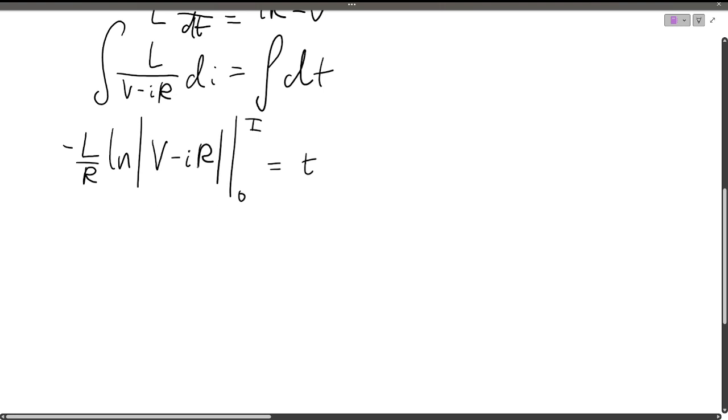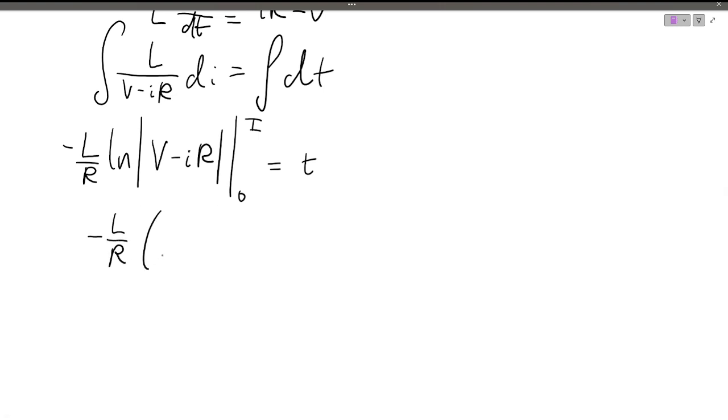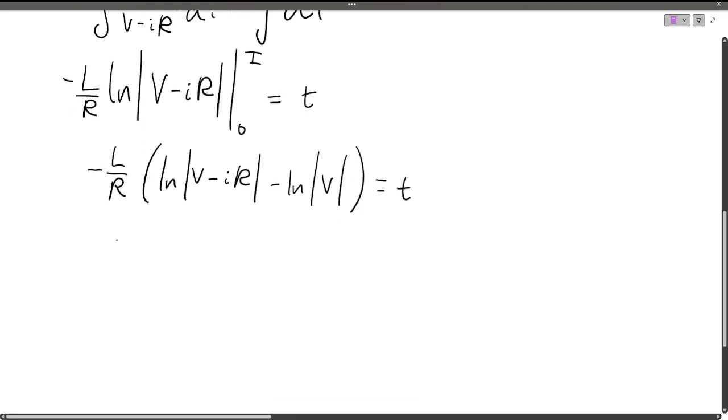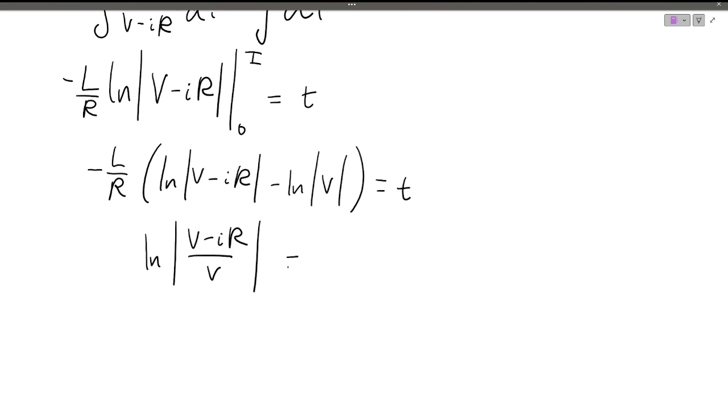So then we just do the substitution: L over R, ln(V minus IR) minus ln V is equal to t, then thus we find ln((V minus IR) over V) is equal to negative R over L times t.